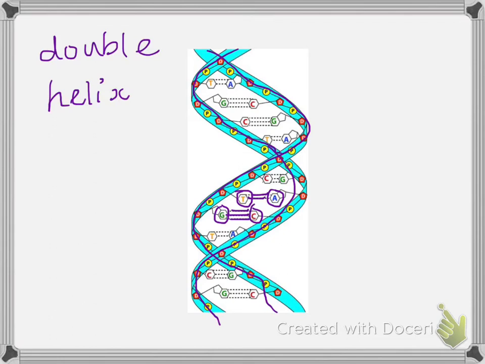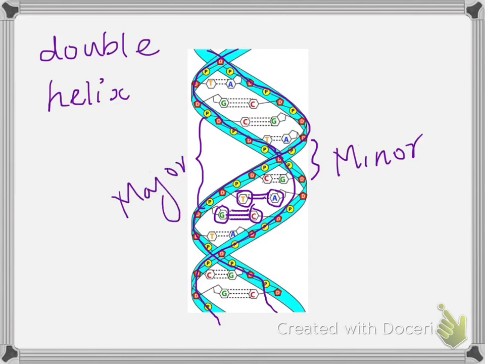Similarly, thymine pairs with adenine with 2 hydrogen bonds. This is the double helical structure of DNA, and it has 2 grooves, the minor groove and the major groove.